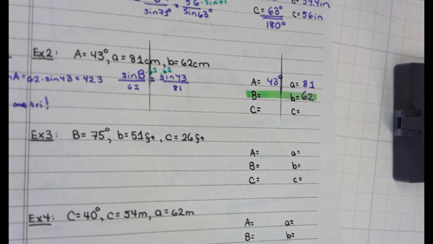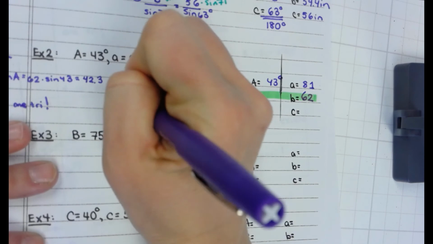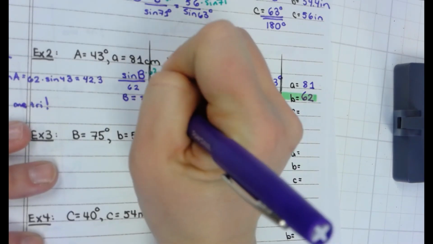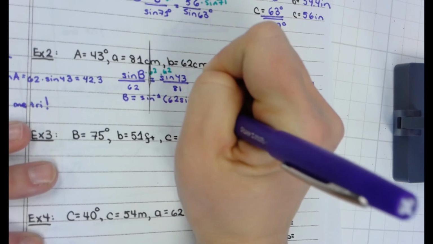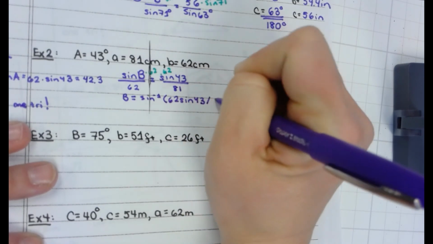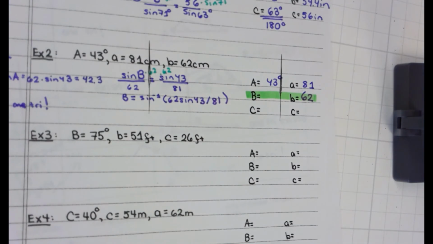What do you type in? Sine inverse. Okay, so let me write down what you're typing in. Sine inverse of 62 times sine of 43, watch your parentheses, divided by 81. Proportionally, expect when you type this in, this side is smaller, I want my angle to be less than 43 degrees.